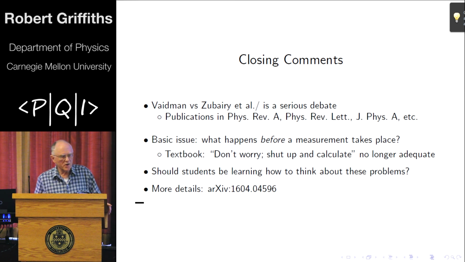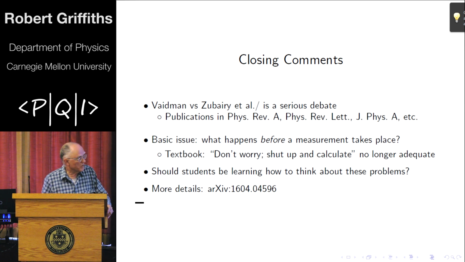This is something which the textbooks do a miserable job on, and I hope I'm not stepping on too many toes of textbook writers. I think that one can indeed explain things to students even in the introductory course. This means senior level at Carnegie, senior undergraduate at Carnegie Mellon.